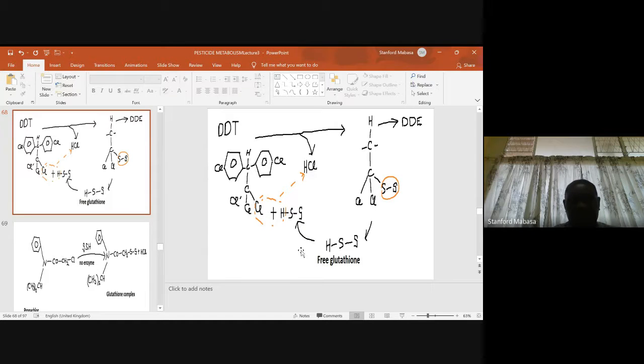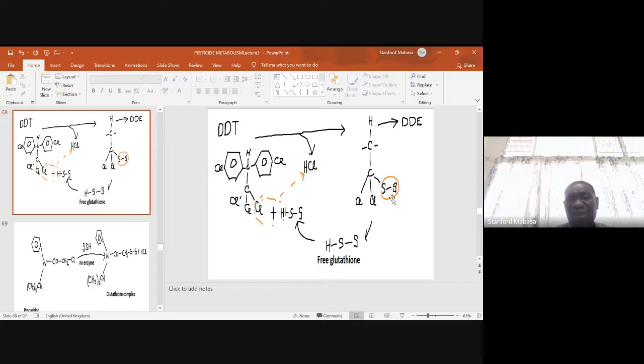Here we've got DDT, which is an insecticide. There's also a possibility of DDT combining with the glutathione at this position, also detoxifying it.